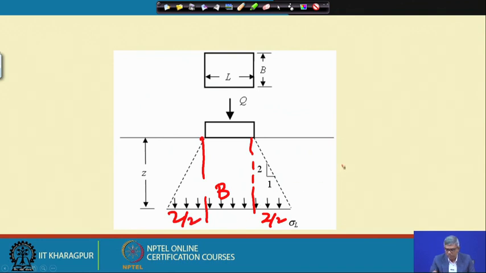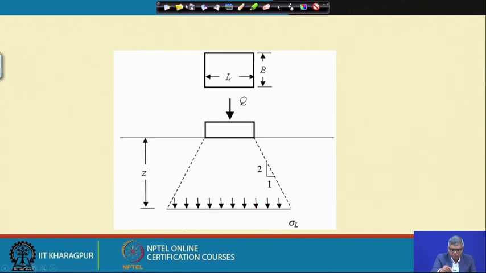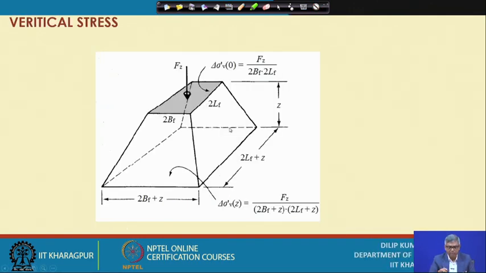So, ultimately this width becomes B plus Z. If it is a rectangular footing, B plus Z will be the width, and the length will also become L plus Z. So, at this depth the area will be this multiplied by this. This is the one in 3 dimensions we try to show here.